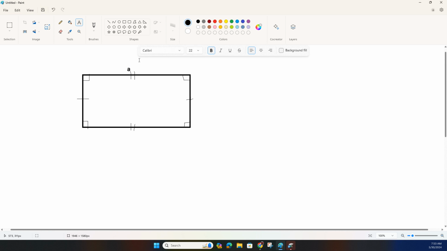Okay, so that side is going to be A, and since these are the same, this is also going to be an A. And since these 2 sides are the same, they'll be the same variable, but should I call them an A? No, I shouldn't, because this side is clearly not the same as that side. So I'll use a different variable. It'll be a B. And this side over there is the same as that B, so it better be a B as well.